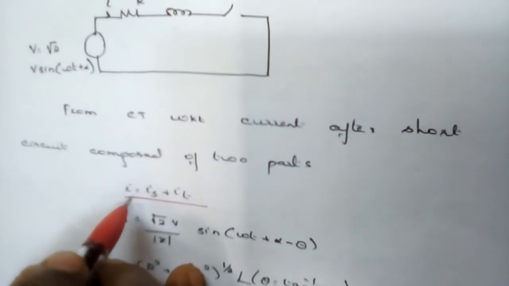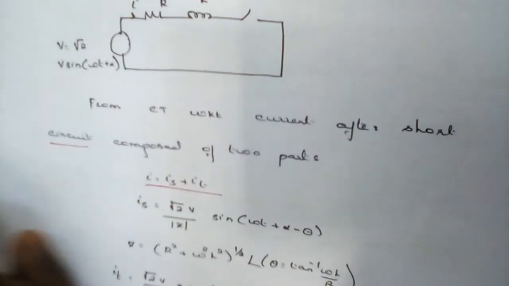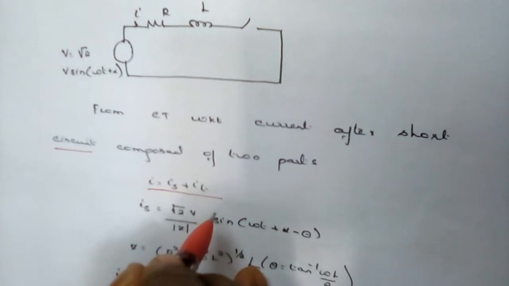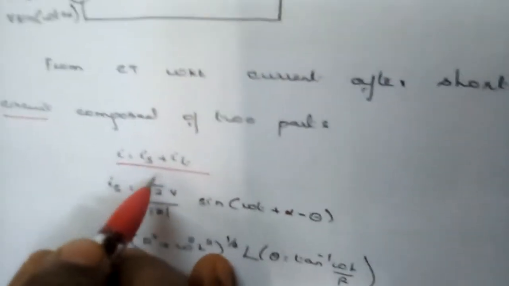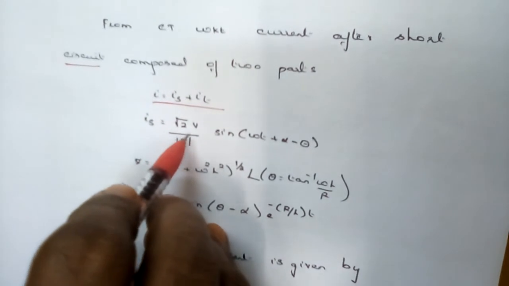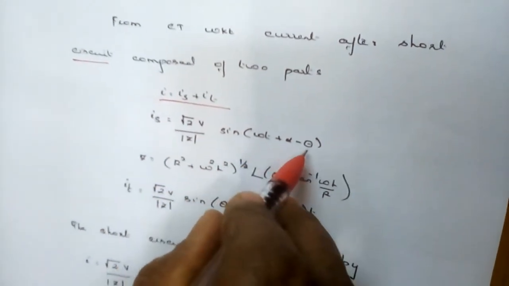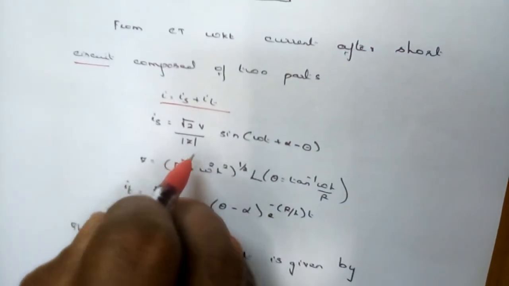So the current we are going to classify into two cases after the short circuit. If the short circuit takes place in any kind of transmission line, the short circuit current in the transmission line is i is equal to i_s plus i_t, right? i_s is given by the formula root 2 V sine(omega t plus alpha minus theta) divided by its impedance, right?